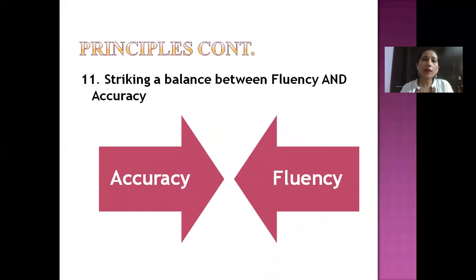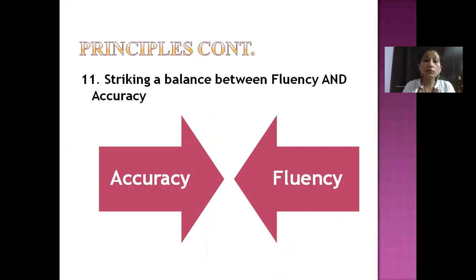Next principle we have is the principle of striking a balance between fluency and accuracy. According to this principle, both fluency and accuracy are important, and neither has to be sacrificed, neglected, or overemphasized for the sake of the other.